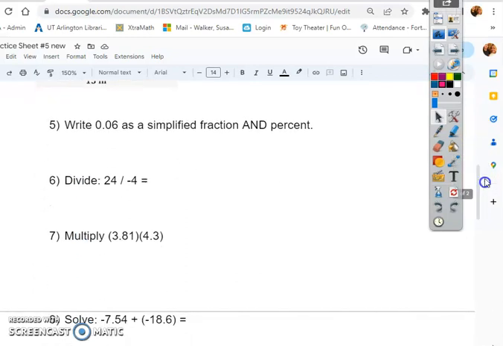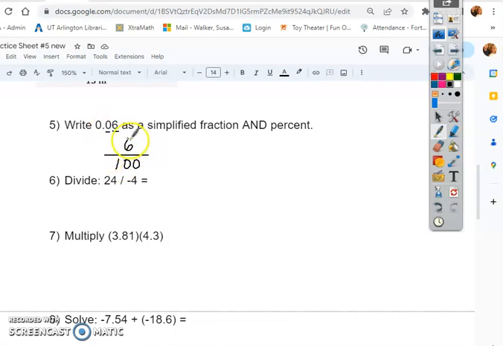Number 5 says write as a simplified fraction and percent. Okay. So, couple of things. I'm going to basically give you half of this. If I read this correctly, it's 0 and 6 hundredths, tenths, hundredths.